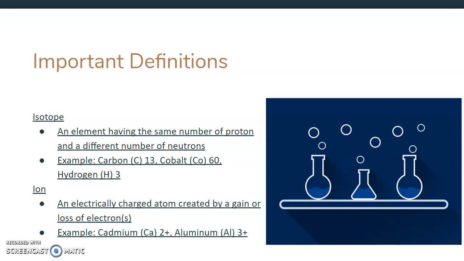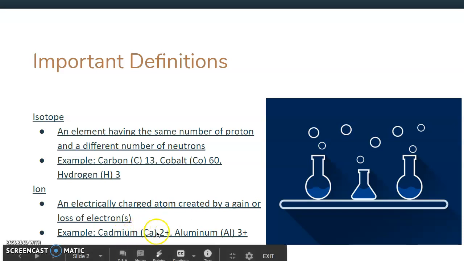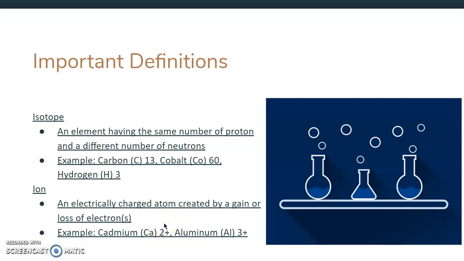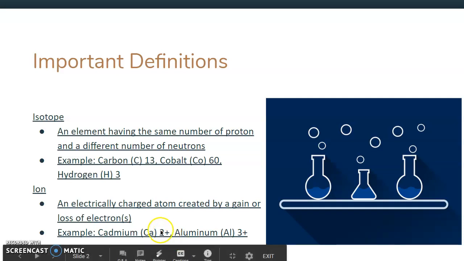For example, cadmium has a 2+ next to it. We have to remember that our electrons are negatively charged. So if we lose 2 electrons from our normally neutral atom, we are actually gaining 2 pluses.